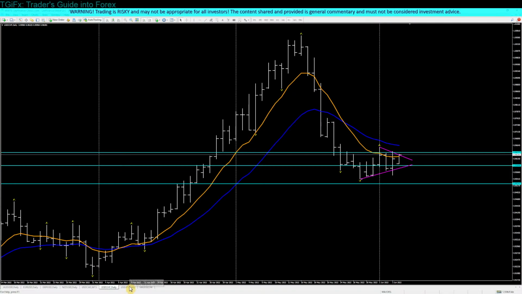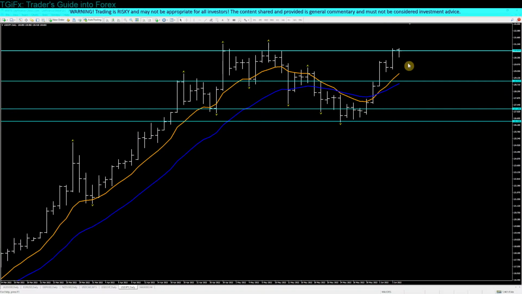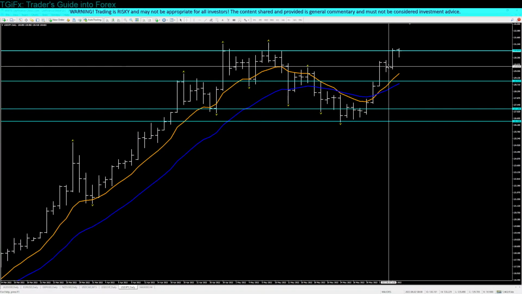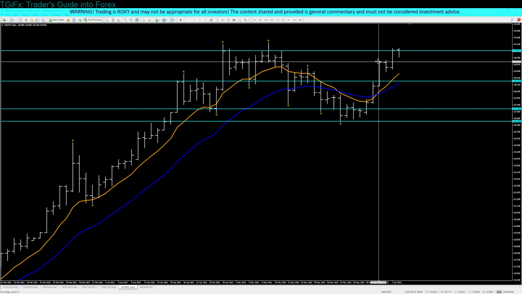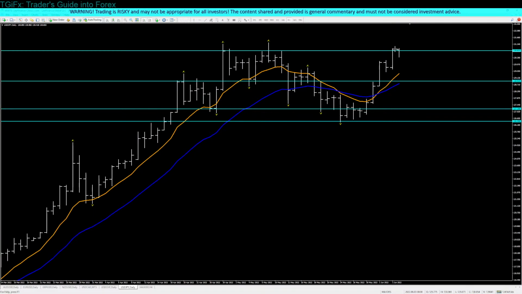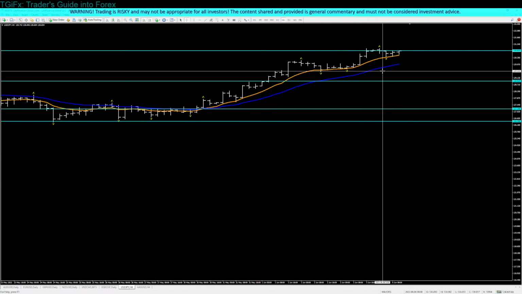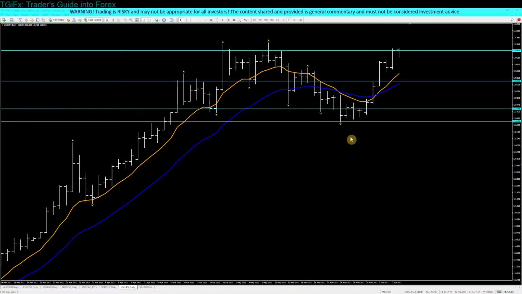Okay, so USD JPY is still at that ceiling. So yesterday, parang yesterday lang yung last week Friday, we had a buy order here for that bounce of the EMA on the 4-hourly chart. There you go. So nandito na tayo sa ceiling ngayon, and it is still trying to break through that level.